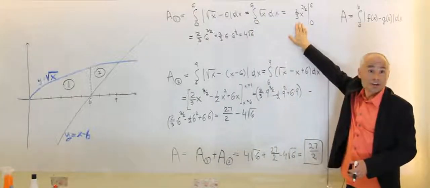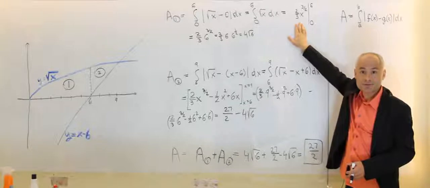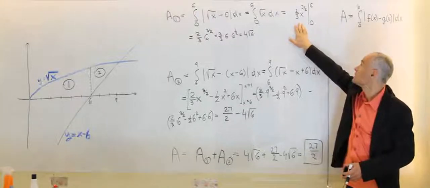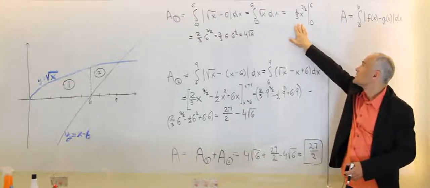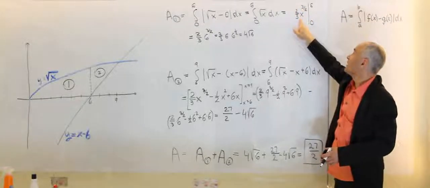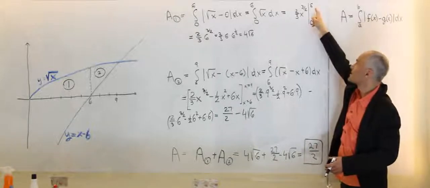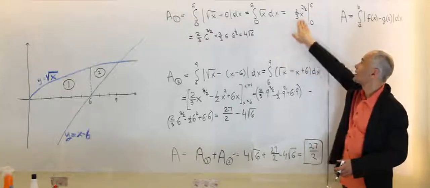So the general antiderivative of the square root of x is x to the power 3/2 times 2/3 plus a constant. So that's an antiderivative, and I evaluate that between 0 and at 6 and then at 0.